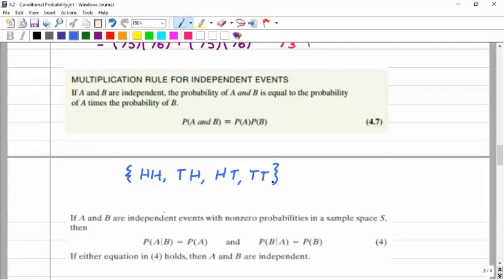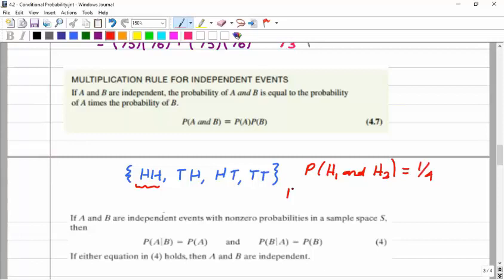The probability that you get heads and heads back to back: you can see there are 4 outcomes in total, and there's one way you can get head then head. So the probability of head 1 and head 2 is 1/4.